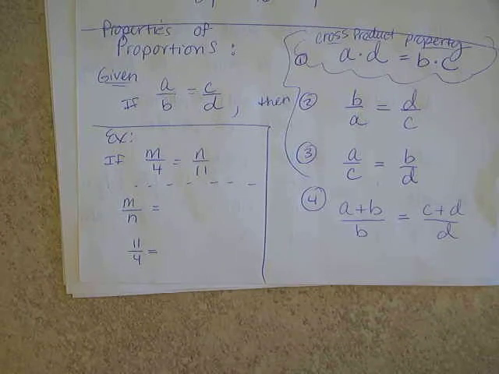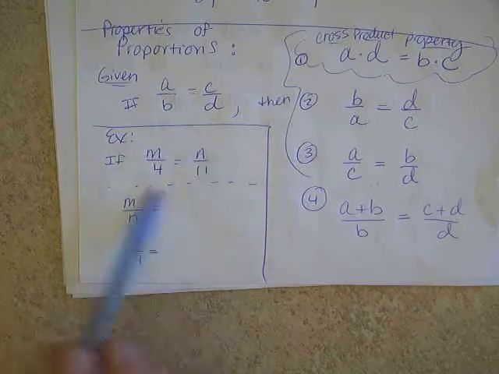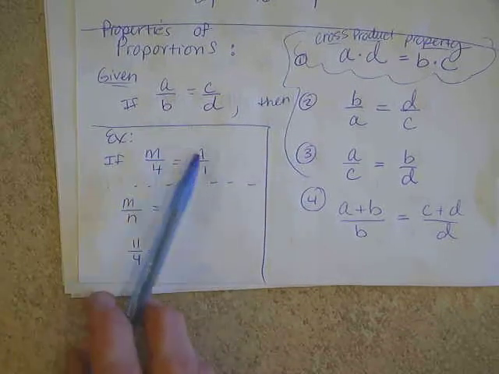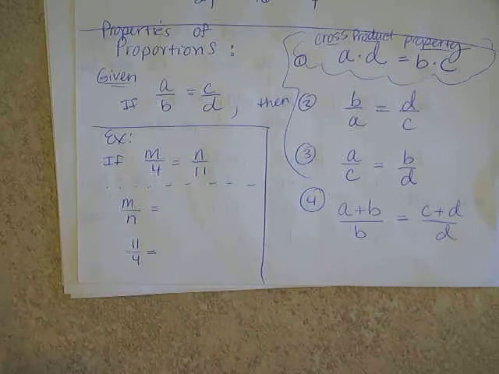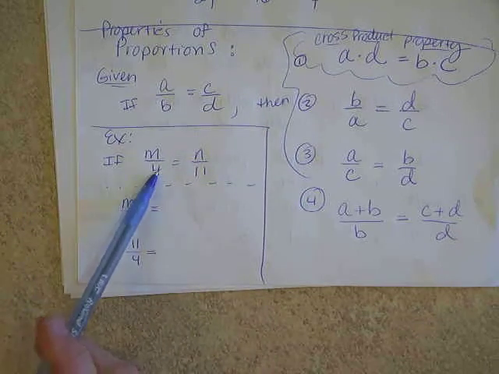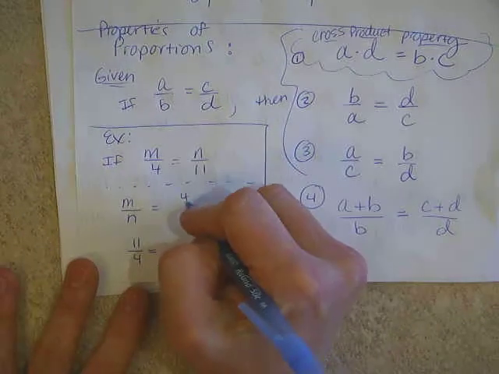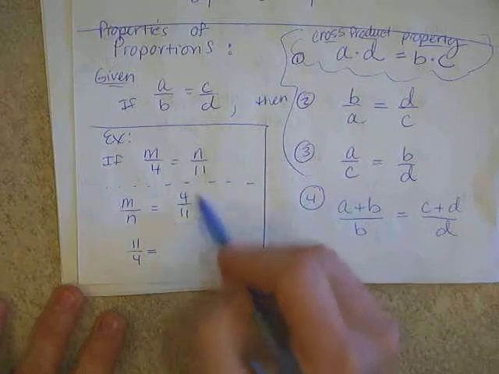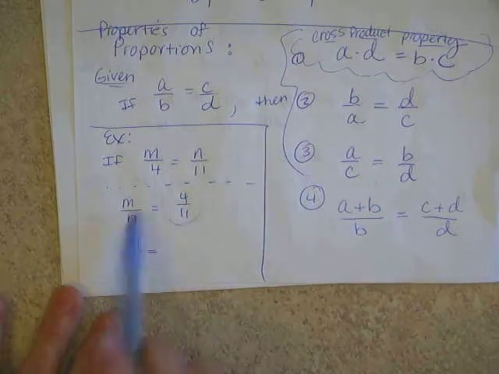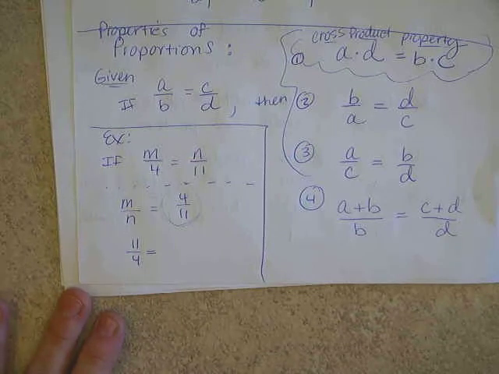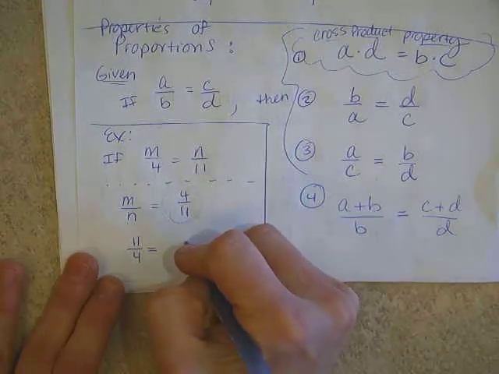So if m over 4 is n over 11, then I would expect m over n to be equal to what? Okay, so here's my original one. This is the one you want to refer back to. So if I change this and instead have m over n, then the other half should be 4 over 11. Again, we're doing top left, top right, bottom left, bottom right. So 4 over 11. So you would just be completing the statement based on what they give you.